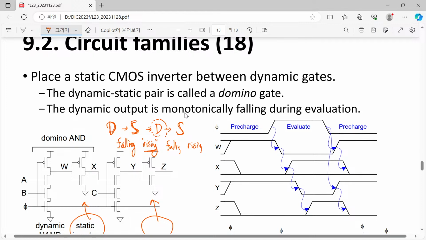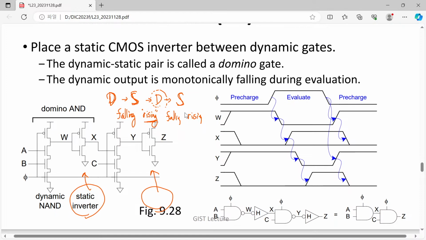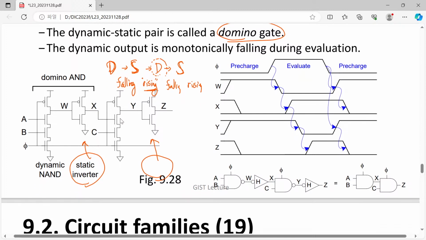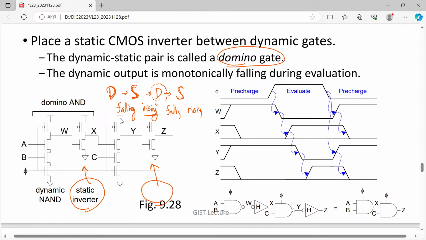So by using this so-called domino gate, we can always keep the property of monotonically rising input signal. So then we can make a chain of logic gates.